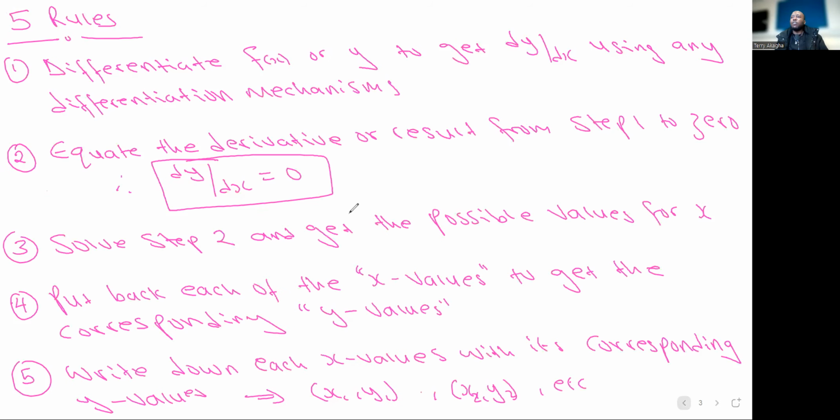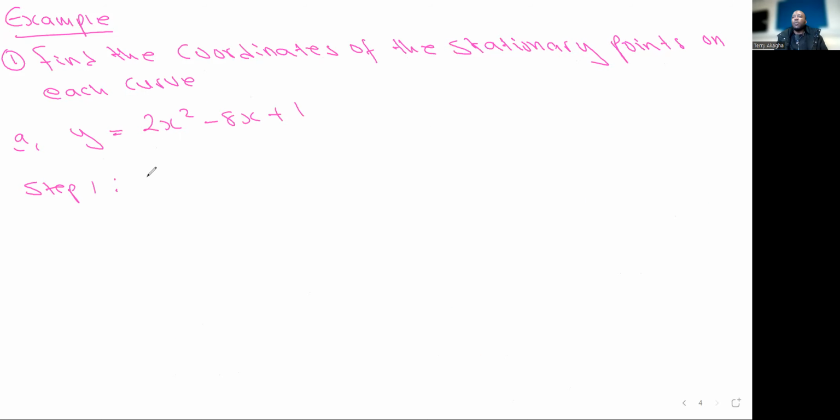The first thing you have to do is differentiate the function using any differentiation method. We have y is equal to 2x squared minus 8x plus 1. When we differentiate, dy over dx is going to give us 4x minus 8.